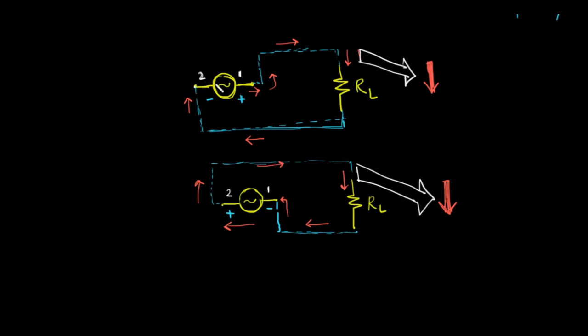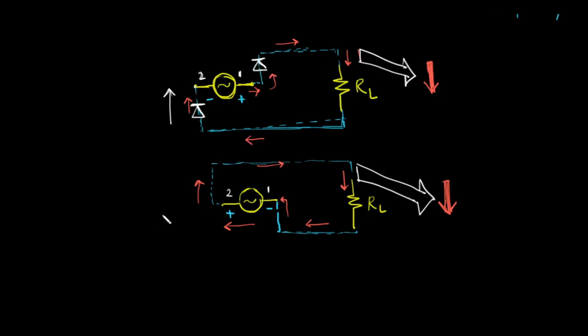How can we design a circuit like this? Well, in the first circuit, since we want the current to flow in this direction only, we can achieve this by connecting a diode in this direction and in this direction.